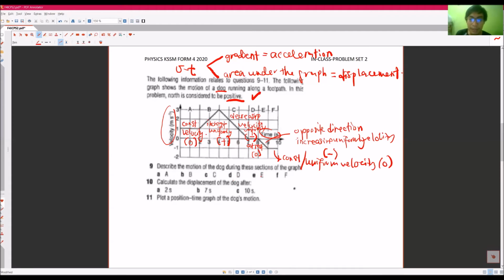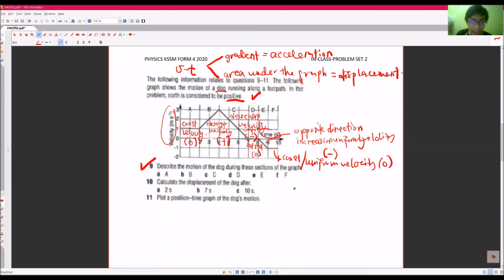E, the dog is moving in the opposite direction with increasing uniform velocity and negative acceleration. F, the dog is moving at uniform velocity, which is zero acceleration. Okay, so we settle number 9.